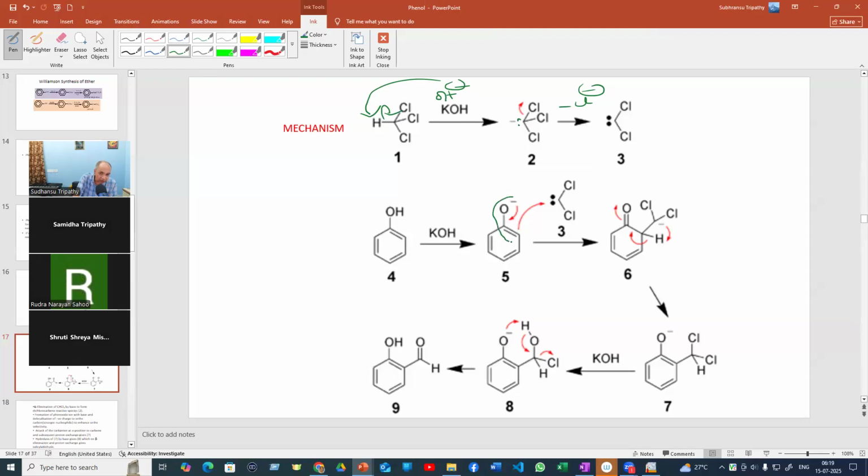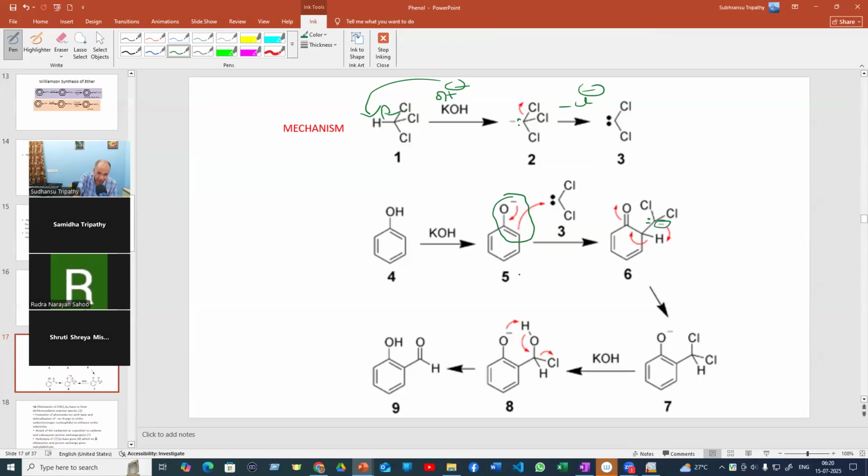If you look at this portion, which is an enolate ion, the real nucleophilic center will be carbon. Carbanions are more basic, more nucleophilic than alkoxide. Therefore, when attack comes, immediately it attacks via the carbanion. So the ortho position will attack the carbene to produce this one.